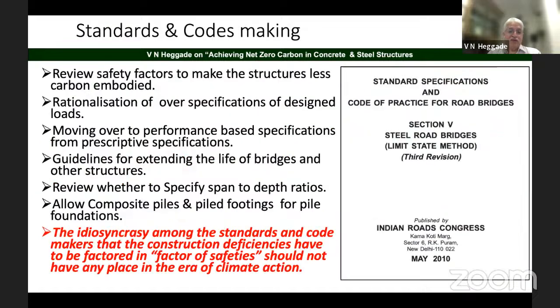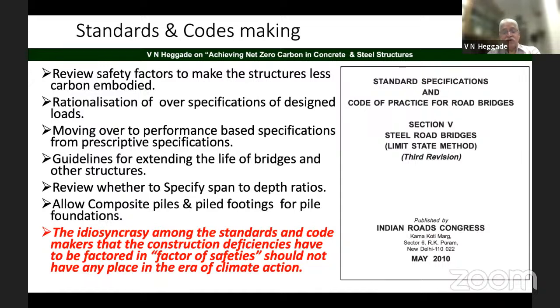So policymakers, even the standards and codes making committees, have an important role to play. You'll have to review the safety factors. The idiosyncrasy of the code makers and standard makers in this country is that construction deficiency has to be factored into the factors of safety.